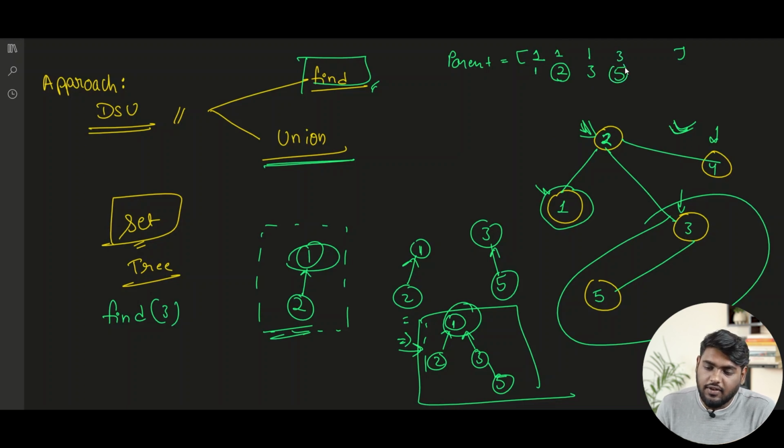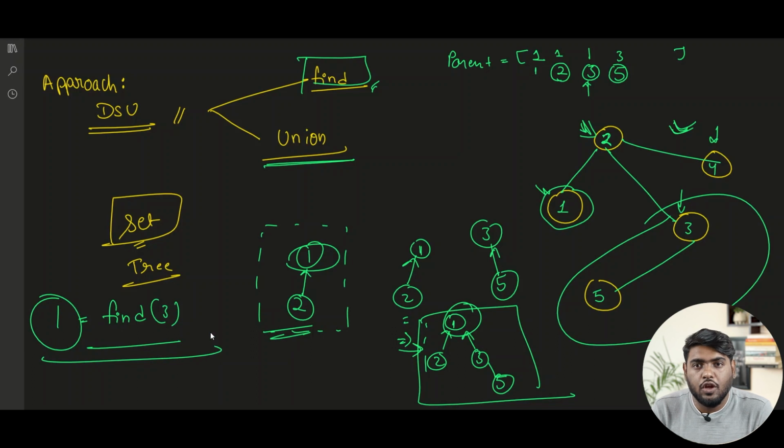And eventually, let me first tell you about 3. When we have find 3, what will we get? We will get 1 directly because it is attached to 1. 1 will be the parent. Now if I ask about 5, does 5 belong to this set? What will be the answer? The answer that find will return is going to be 1. But how will find approach it?